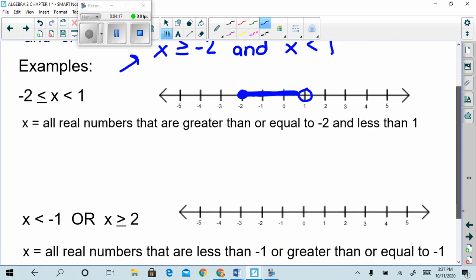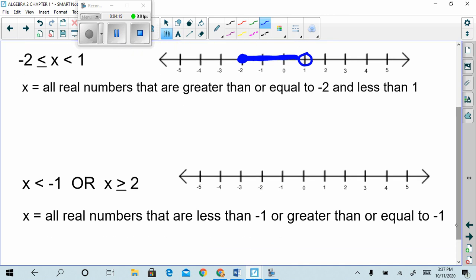When I'm dealing with the OR compound inequality, you're going to have two separate statements. We're going to graph that on the number line as well, but they're going to go in opposite directions. I have an open circle at -1. I have a closed circle at +2. Let me now shade.